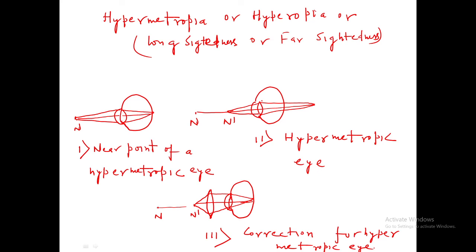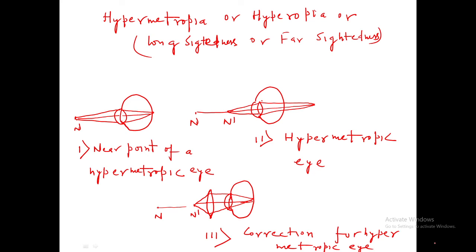So in this defect, in hypermetropia, a person is not able to see the nearby objects clearly. However, he can see the distant objects clearly. First point is that the near point of a person with this defect becomes greater than the normal near point, 25 centimeter. Figure 1. Second thing is this defect arises due to decrease in the curvature of the eye lens or increase in focal length of the eye lens, or the eyeball has become too small.